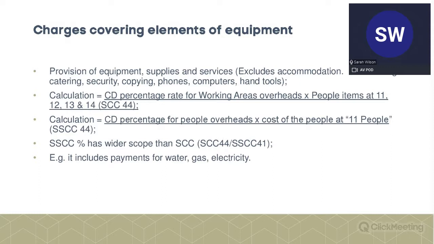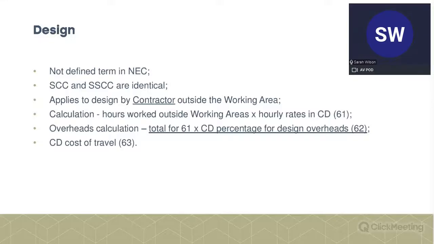So if you're looking at what your percentage would be, I would expect the percentage to be higher for the shorter schedule. So if you're on an option A or B contract, than it would be for the schedule, because you've got extra items included.